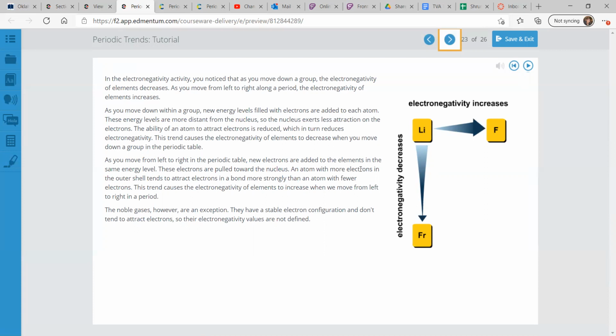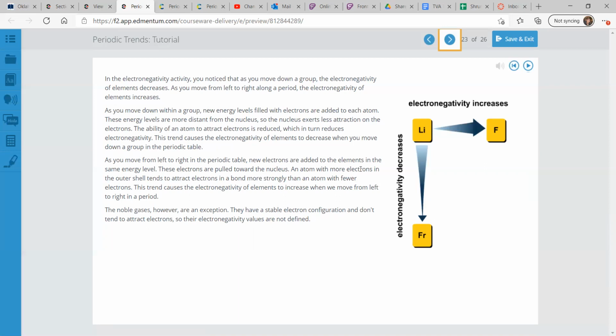So the nucleus exerts less attraction on the electrons. The ability of an atom to attract electrons is reduced, which in turn reduces electronegativity. This trend causes the electronegativity of elements to decrease when you move down a group in the periodic table.